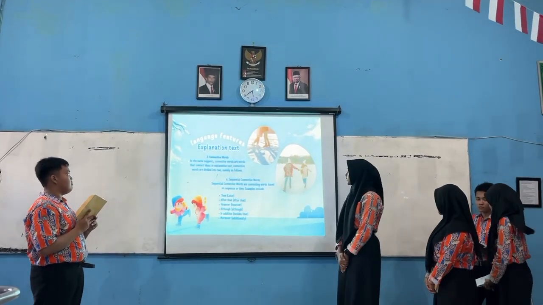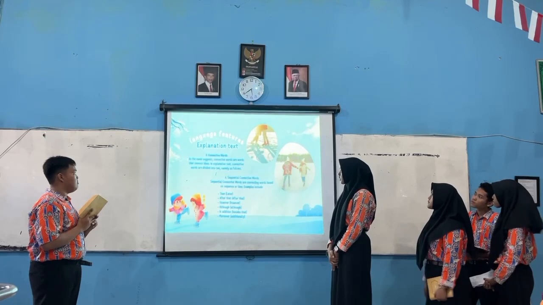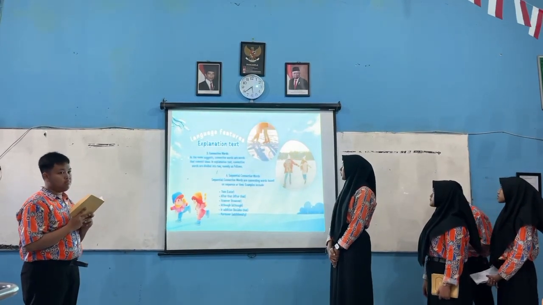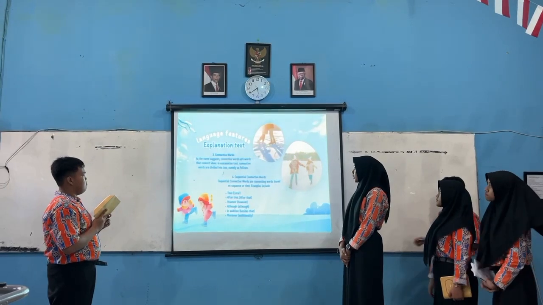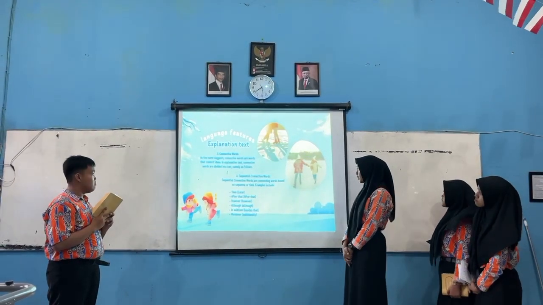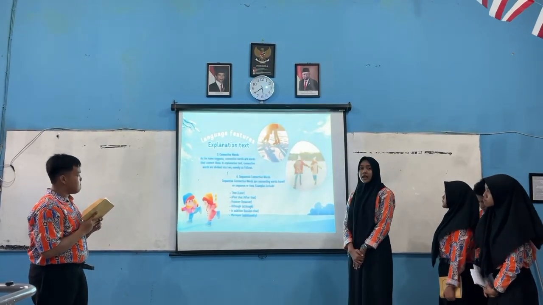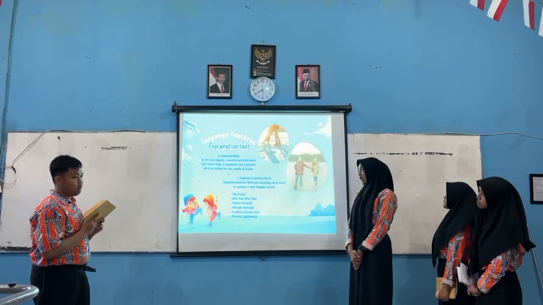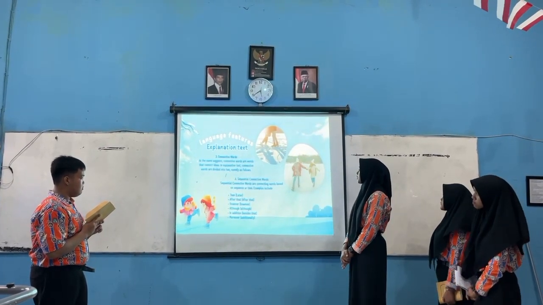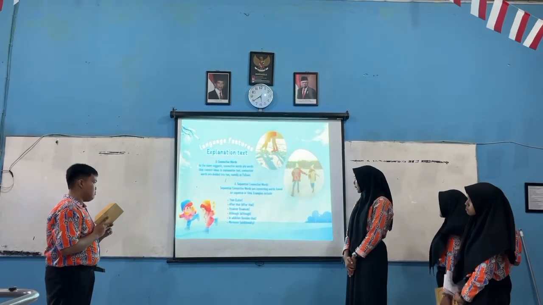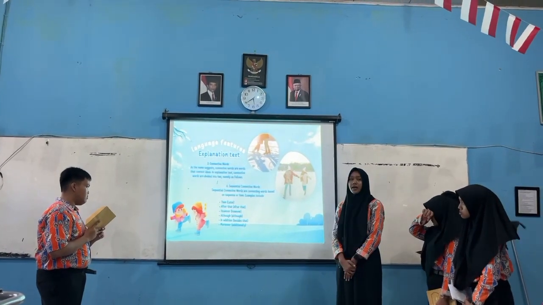Language feature of explanation text number 3 is connective words. As the name suggests, connective words are words that connect ideas. In explanation text, connective words are divided into two. A. Sequential connective words, which connect based on sequence or time.